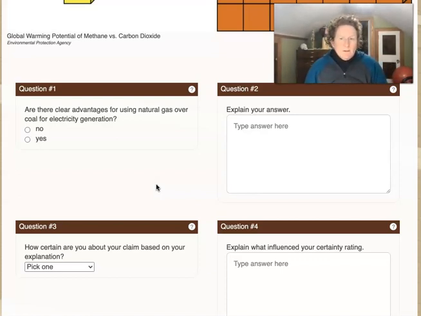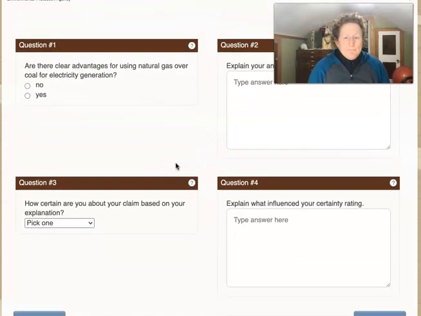Some of those particles, called PM 2.5, are so tiny that they go right into our bloodstream and can cause a lot of systemic health issues. So we want to avoid that particulate matter we get by burning coal. We also get that particulate matter by burning wood.